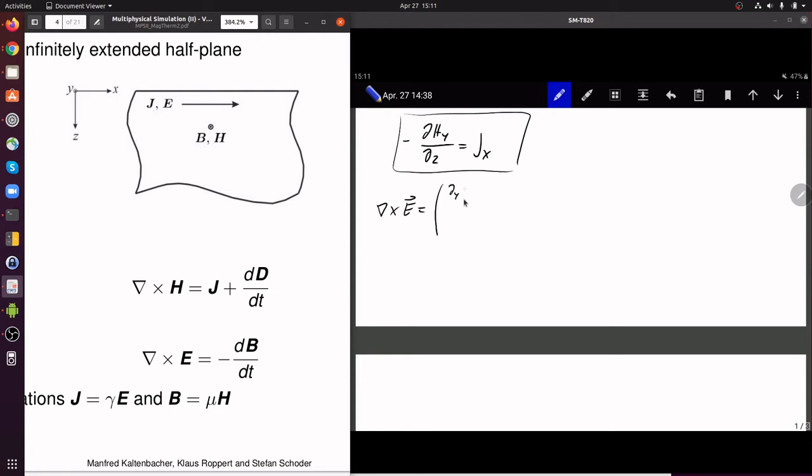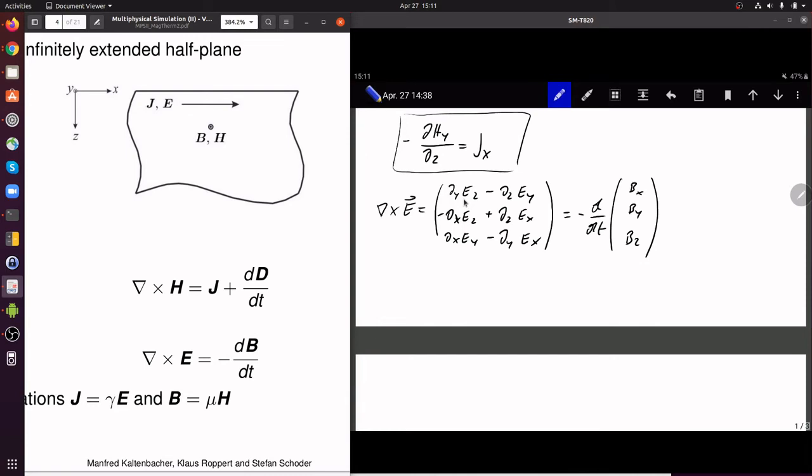Write it down: dy Ez minus dz Ey, minus dx Ez plus dz Ex, and so on. The right-hand side is minus d over dt, the time derivative of (Bx, By, Bz), and again Bx and Bz are 0, so the only remaining part is the y component, so minus the time derivative of By.